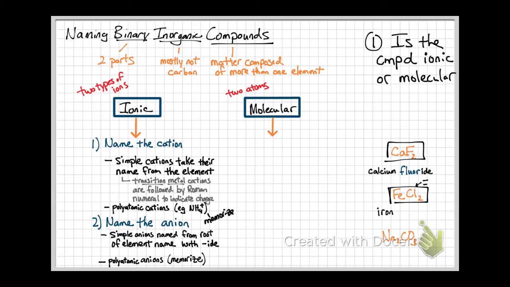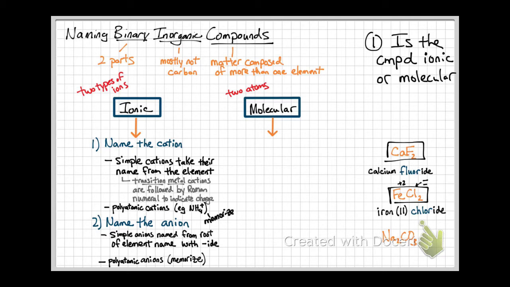Therefore, the iron must be +2. So now we can write behind iron in the name a Roman numeral 2 to indicate that +2 charge, followed by naming the anion. We start with chlorine, we drop the INE and add IDE.